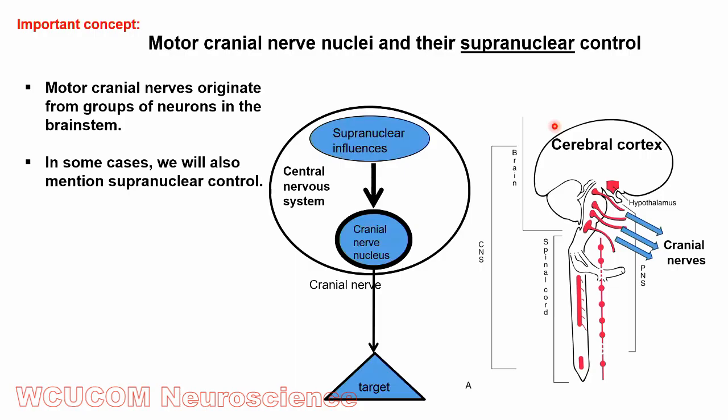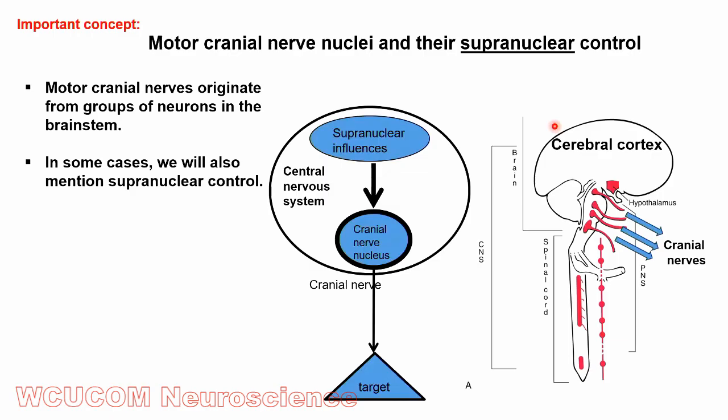But the big concept is supranuclear control, because then you're going to be asking a question: if there's a lesion, is there a supranuclear or nuclear or infranuclear lesion? A nuclear or infranuclear or peripheral lesion will look the same because they are lower motor neuron lesions, and supranuclear lesions will look more like upper motor neuron lesions.